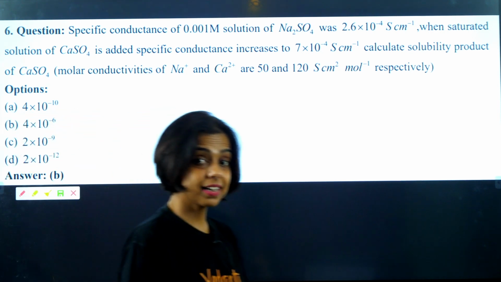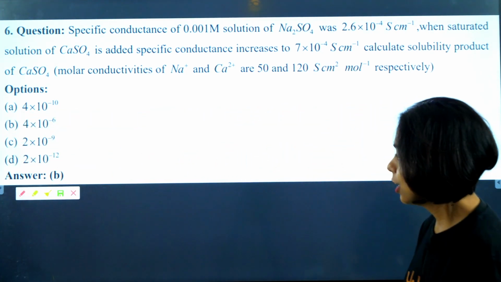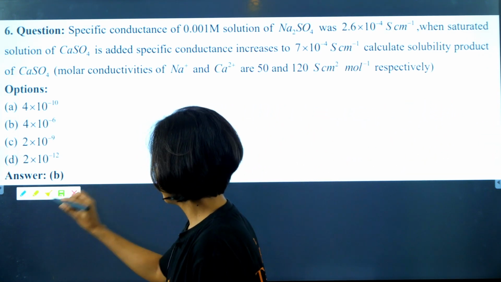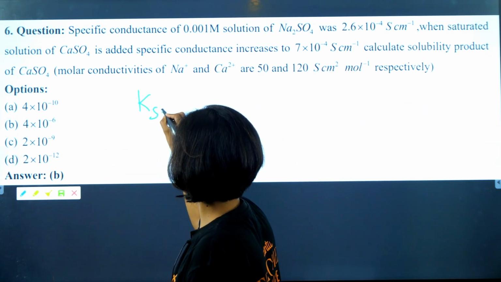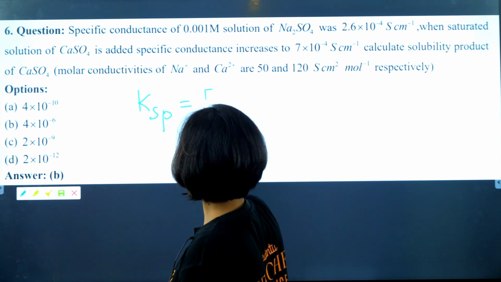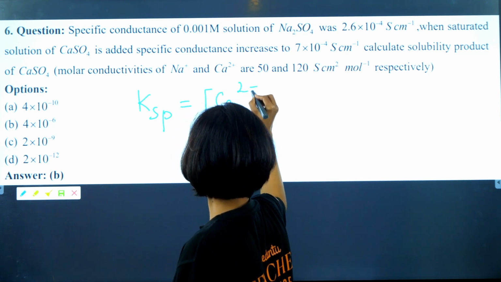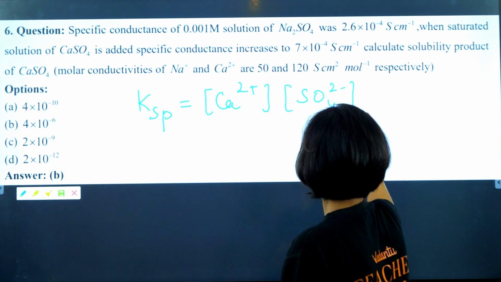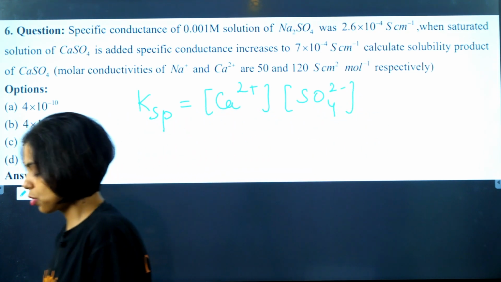Now this might take a lot of time, guys, to calculate the solubility product. KSP. You need the concentration of calcium ion and the concentration of sulfate ion in this solution.